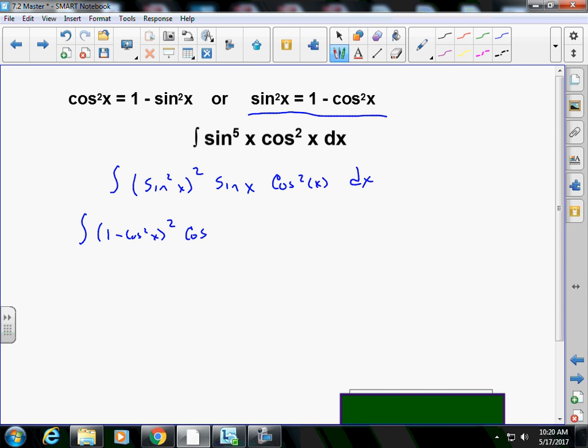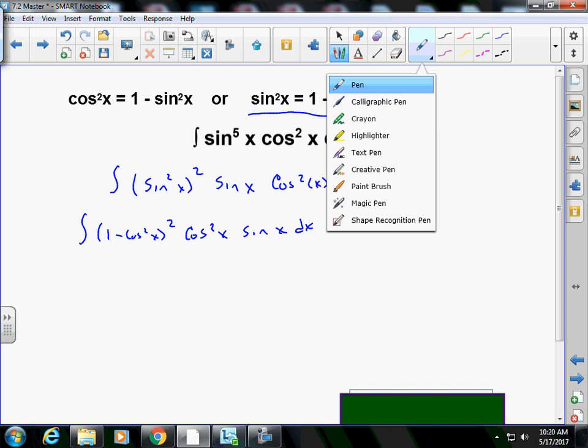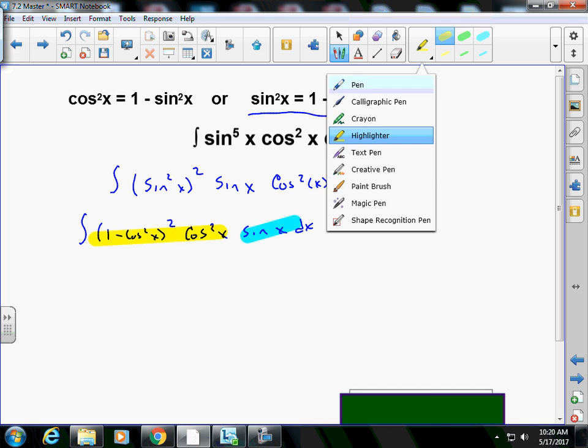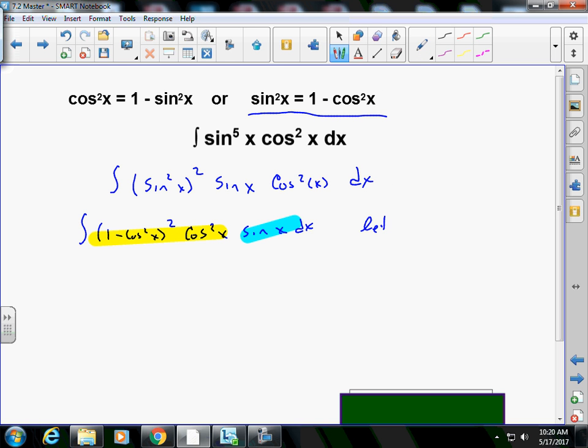I'm going to rewrite this in a different order so that I can pay attention to where my parts are. I could say let u equal cosine x, right? du is equal to minus sine x dx.